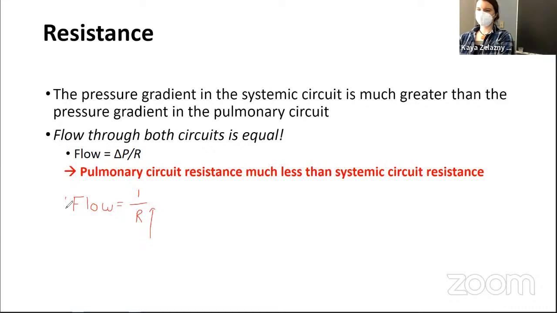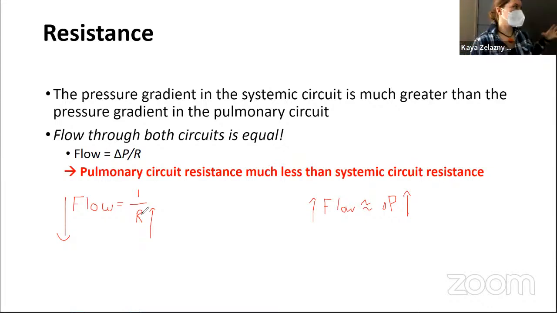Yeah, exactly. So anything that increases resistance is going to decrease flow, whereas anything that increases our pressure difference increases flow, right? So our arrows go the same way on flow and pressure differences, opposite directions for flow and resistance.